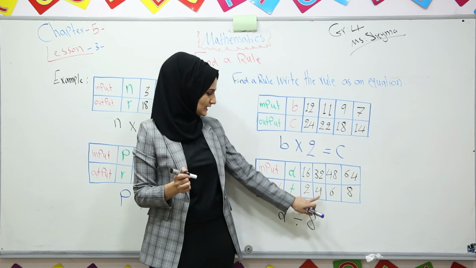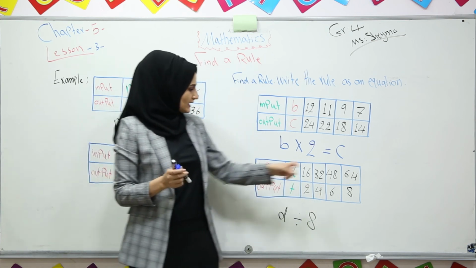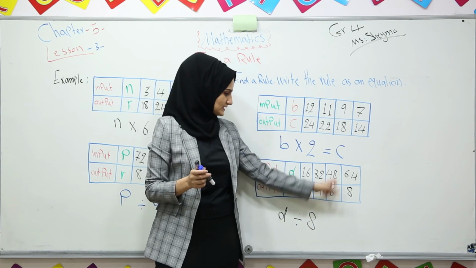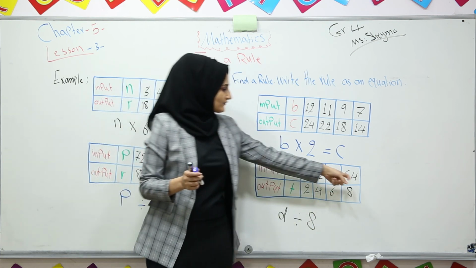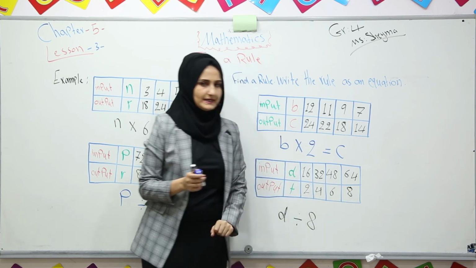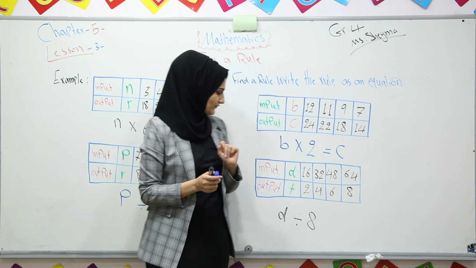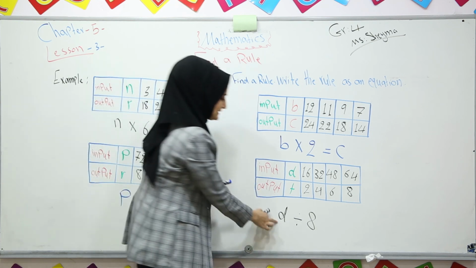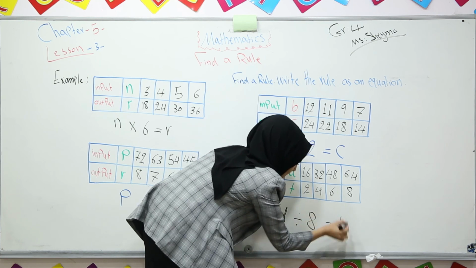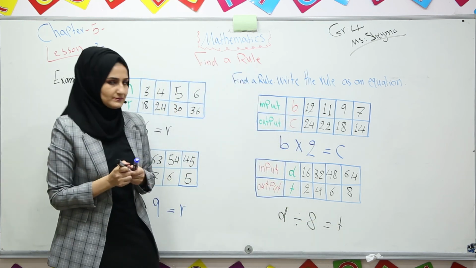Why? Because 8 times 4 is equal to 32. 48 divided by 8 is equal to 6 because 6 times 8 is equal to 48. 64 divided by 8 is equal to 8 because 8 times 8 is equal to 64. So our rule is D divided by 8 is equal to T. Our output is represented by T.